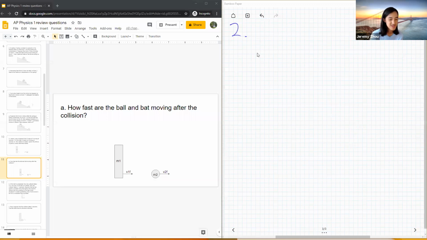Do you guys remember how to do elastic collisions? What is the relative velocity thing?